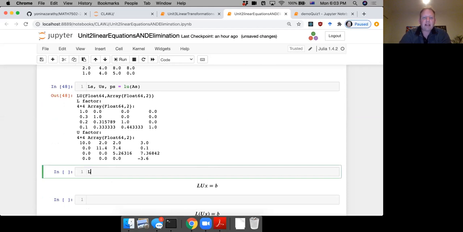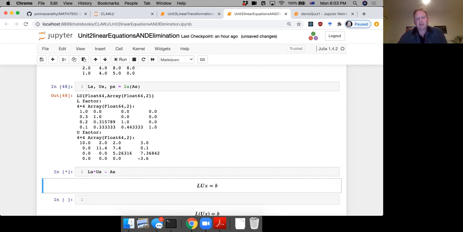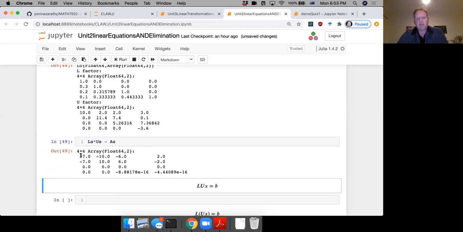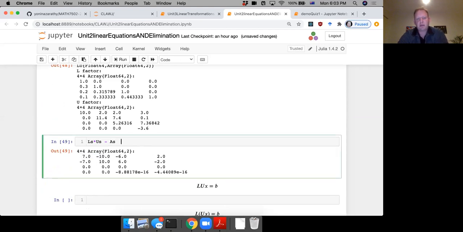If I now do LS times US, let's see if that equals the matrix AS. I'll subtract the matrix AS. And no, it isn't. Bad. So A does not equal L times U in this case.